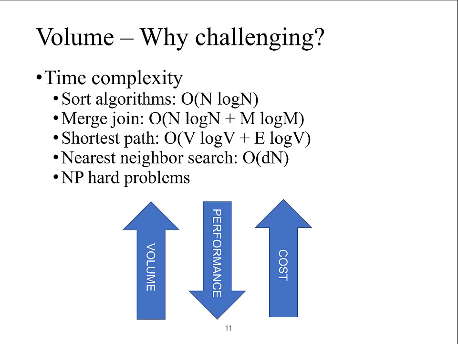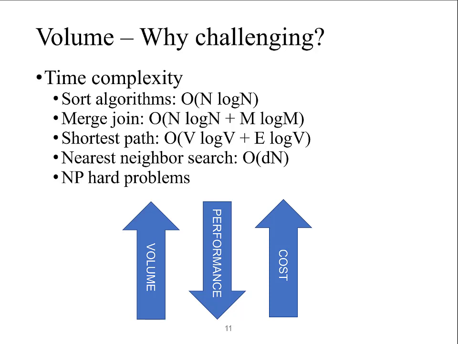In the big data background, for example, if we consider a social network, then the number of edges and vertices are both quite large. So for this algorithm also, the time complexity is going to be quite huge.